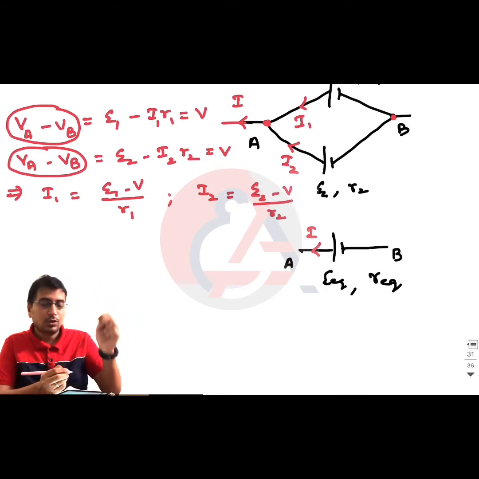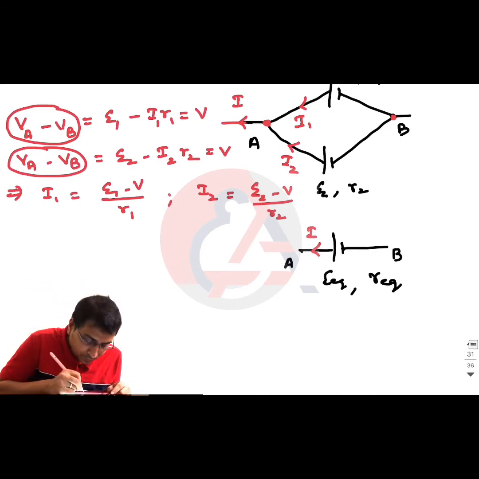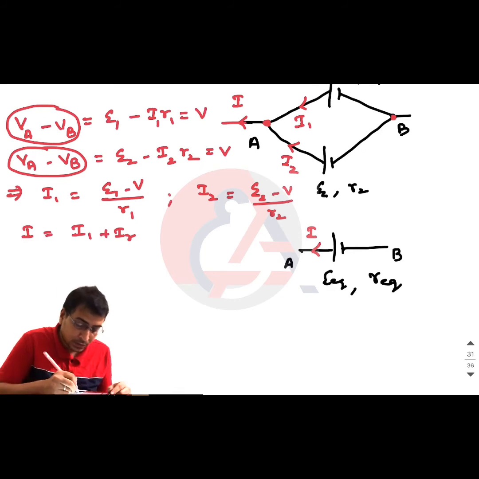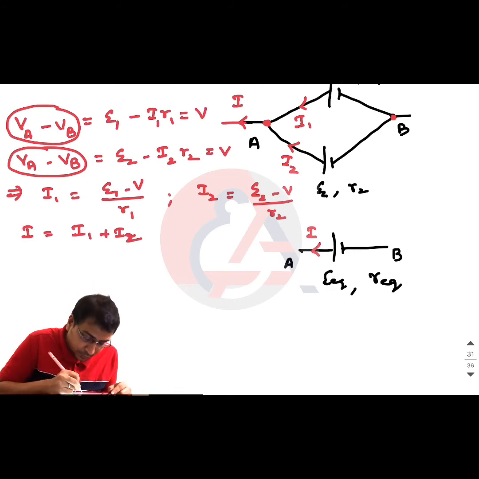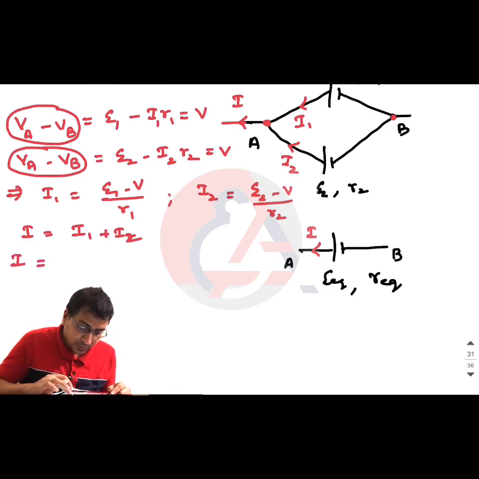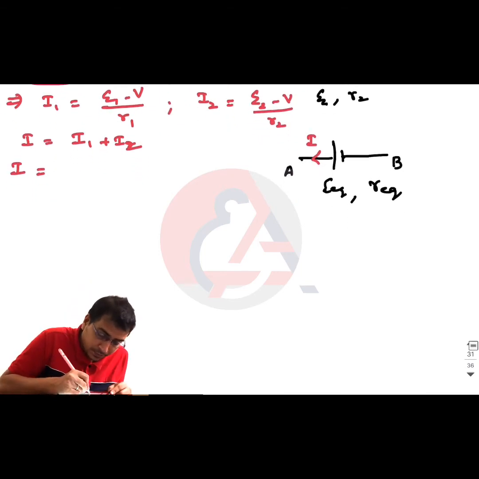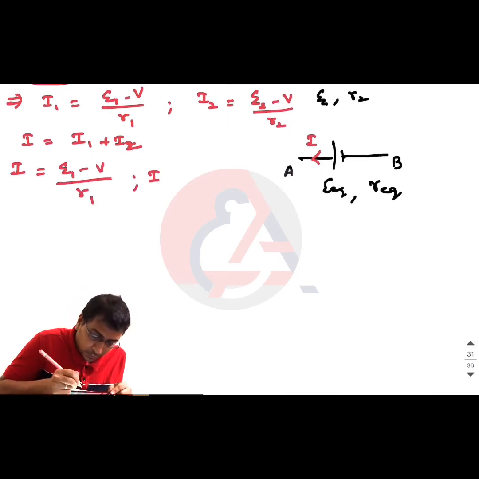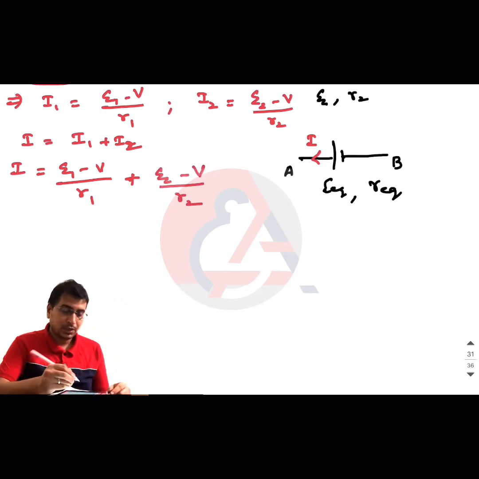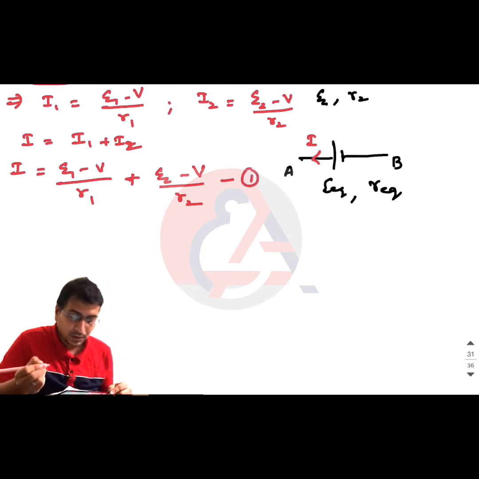According to Kirchhoff's first law, I is equal to I1 plus I2. So I will be equal to E1 minus V divided by R1 plus E2 minus V divided by R2. Let this be equation number 1.